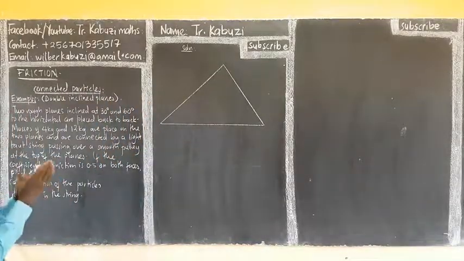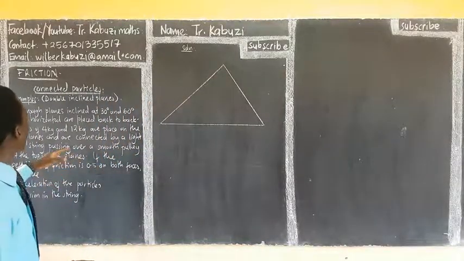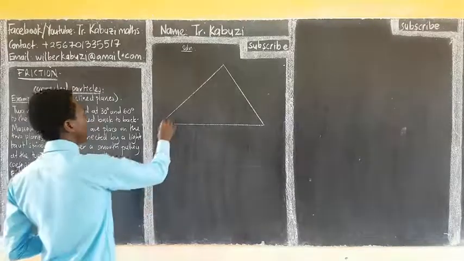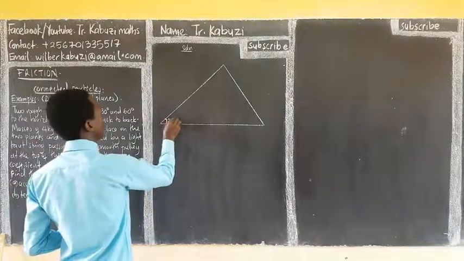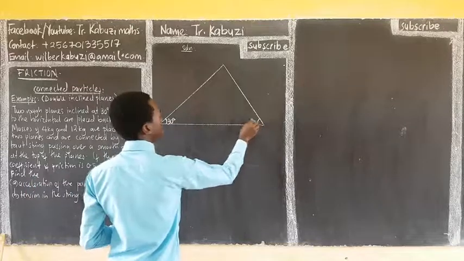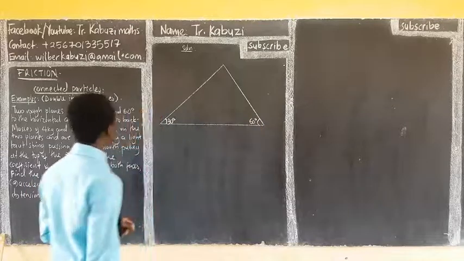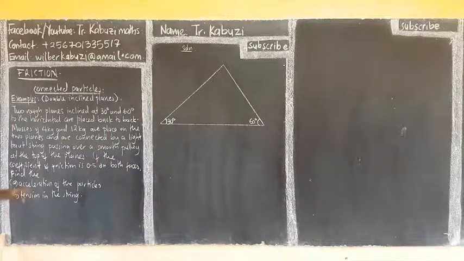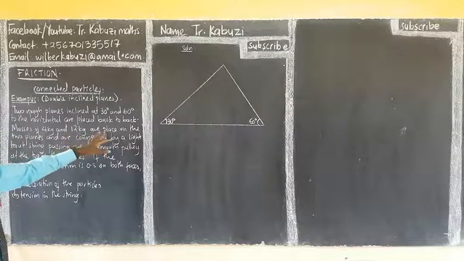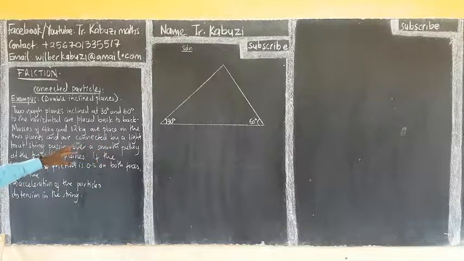I mean they are meeting each other back to back, but this one is at 30 degrees and this one is 60 degrees. So masses of 4 kilograms and 12 kilograms are placed on the two planes and are connected.